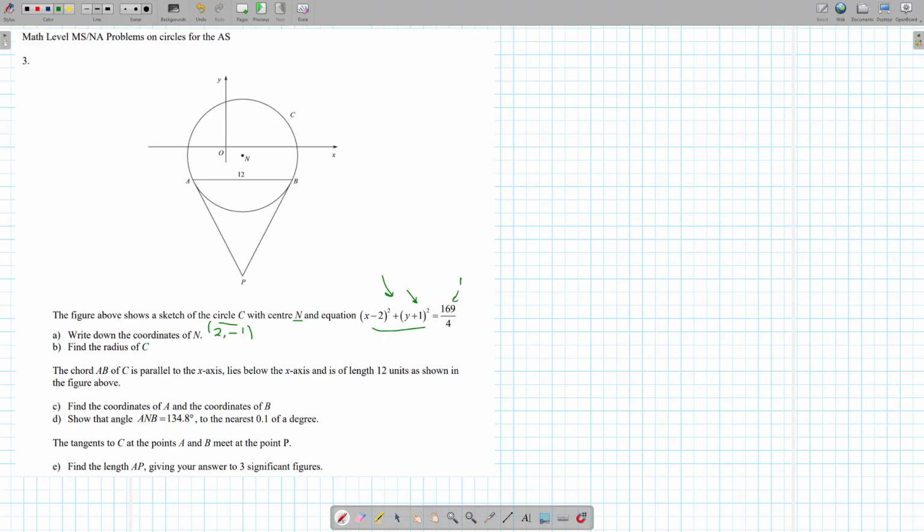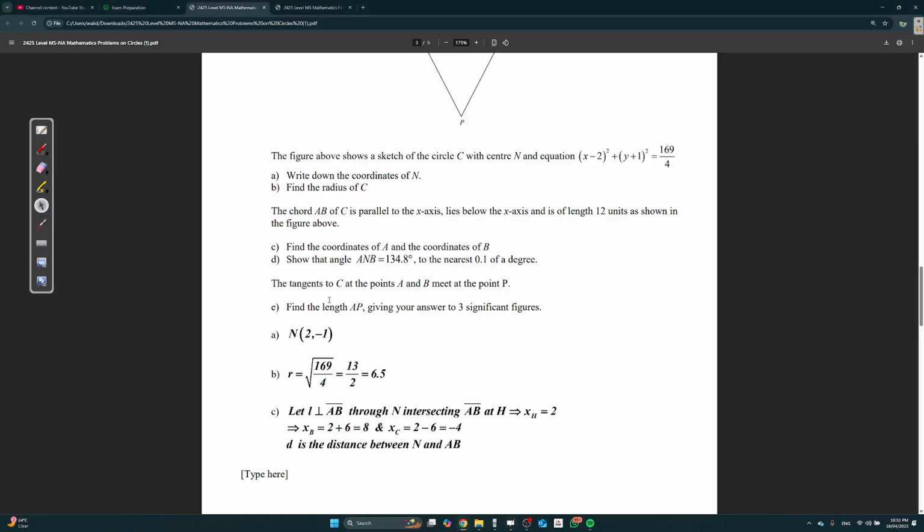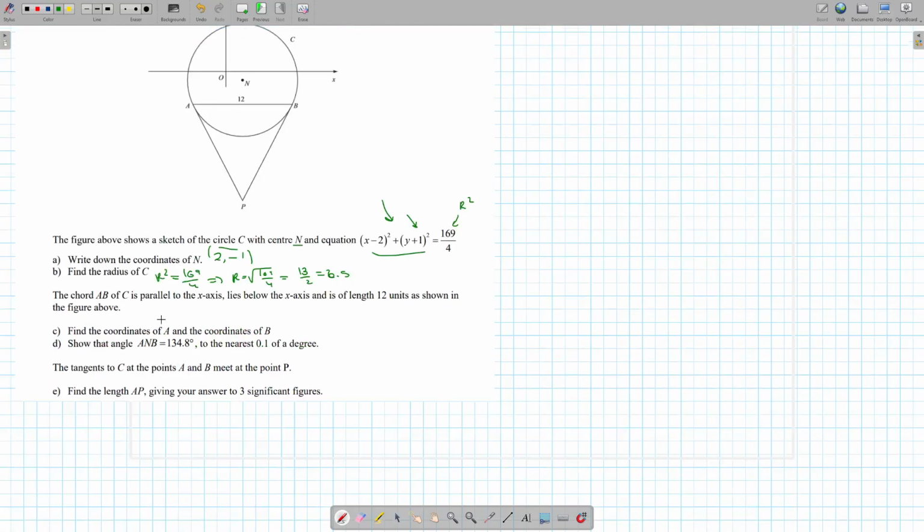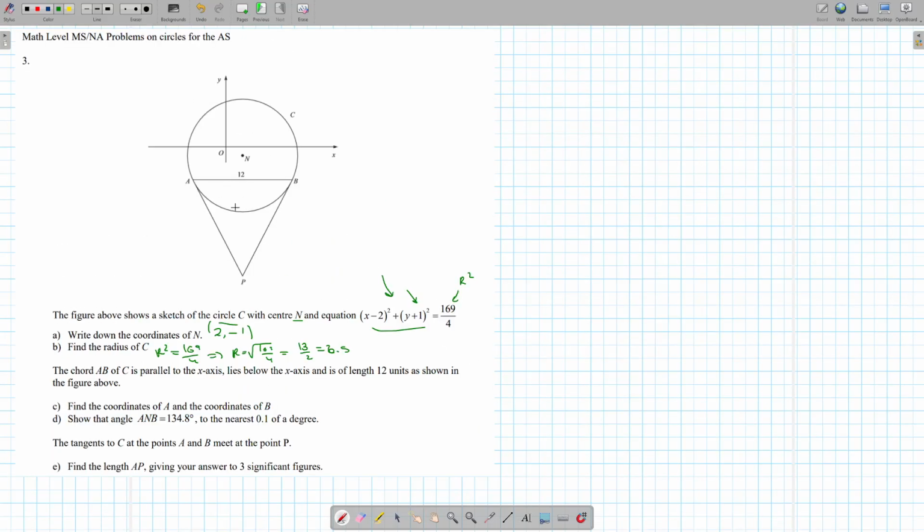This is r squared, right? So how do we find r? r² is 169/4. That means r will be equal to √(169/4), which is 13/2, which is 6.5. Yes, okay.